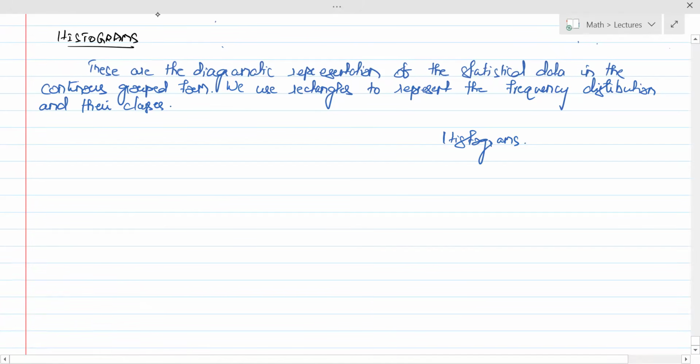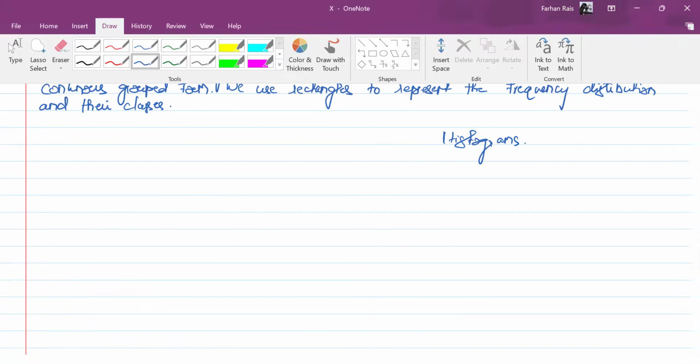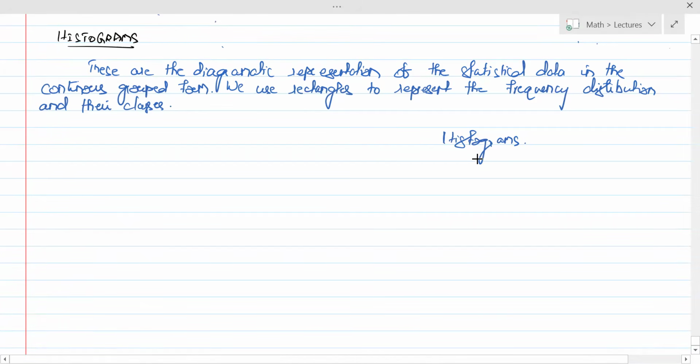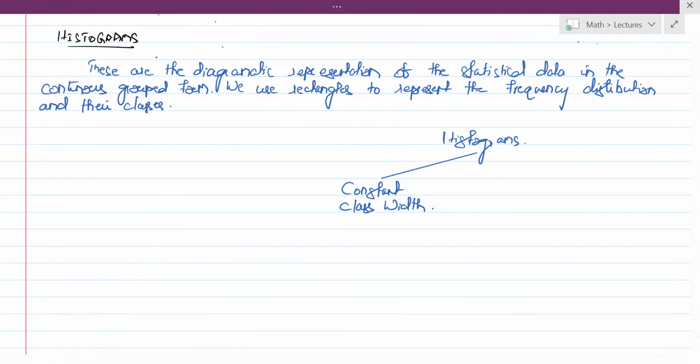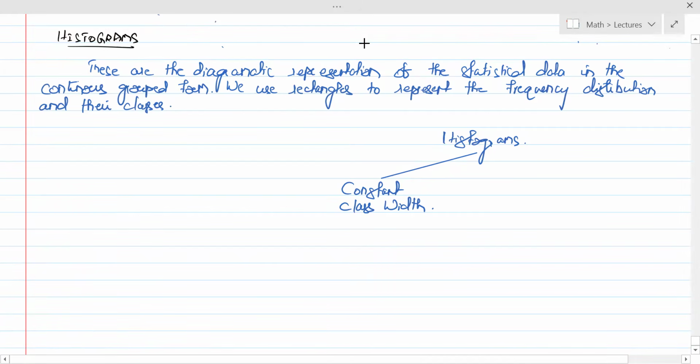On one side we would be having the type of histogram where we have constant class width, and the second type of histograms are the ones where we don't have the constant class width, where we have the variable class width.